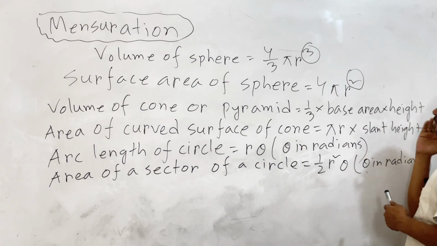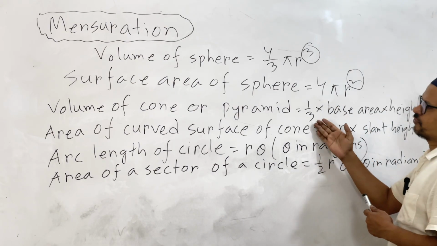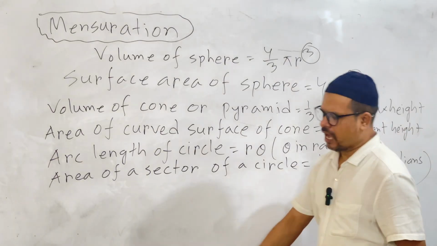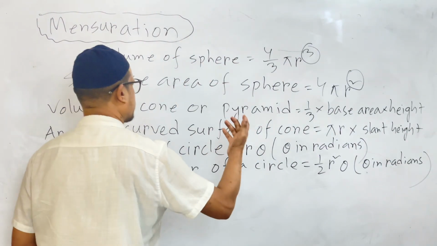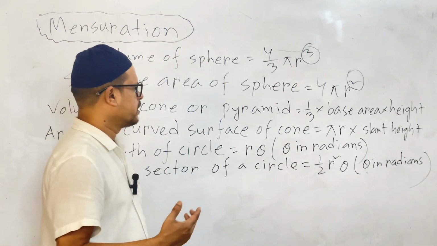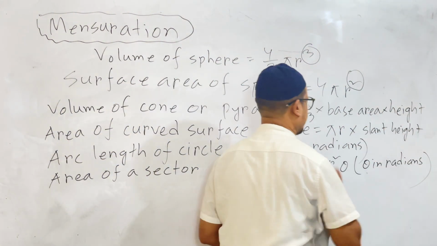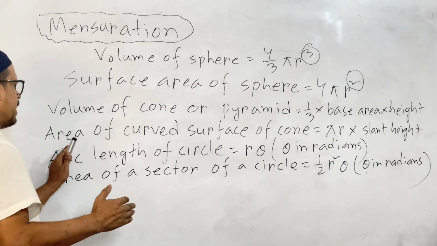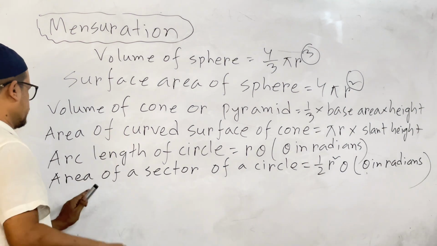And the area of curved surface of a cone is pi r into slant height, so you have to know the slant height.